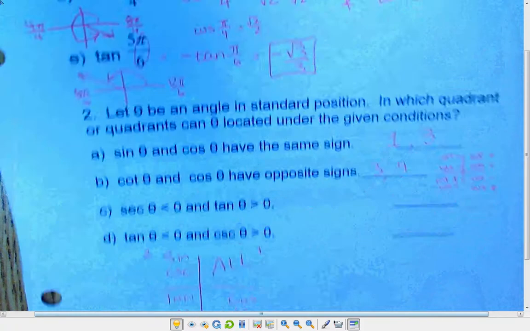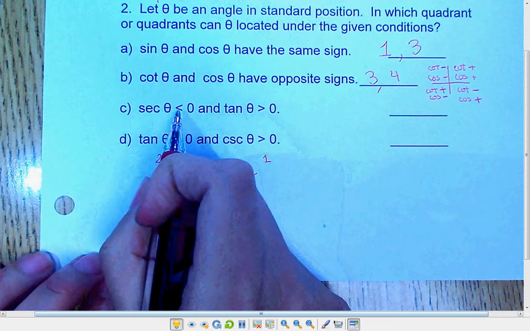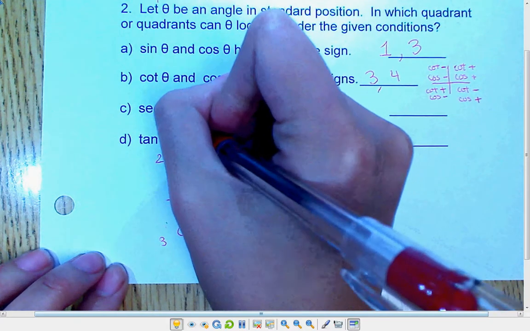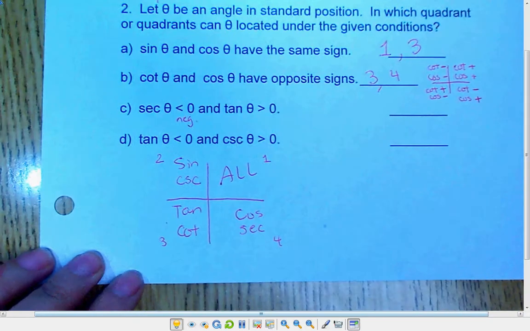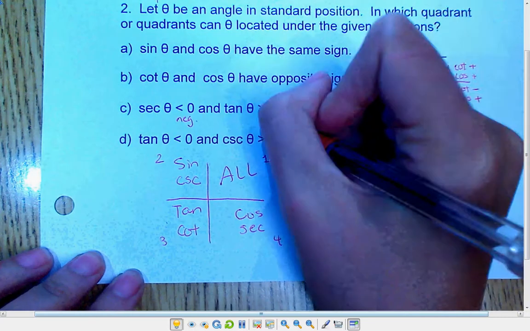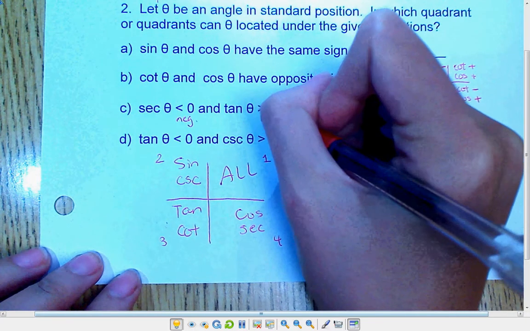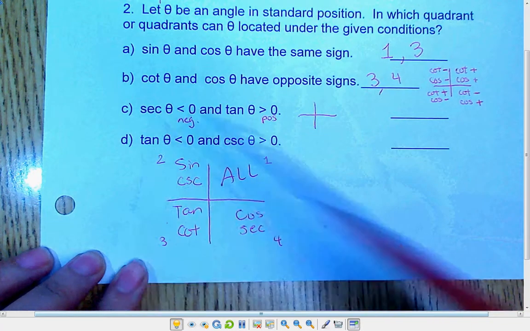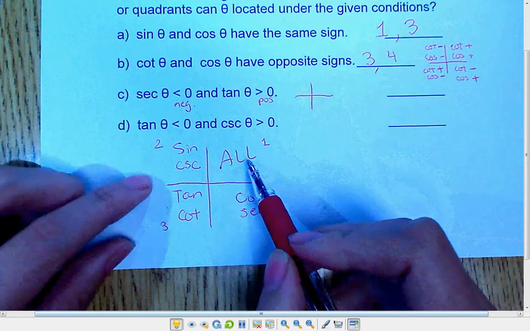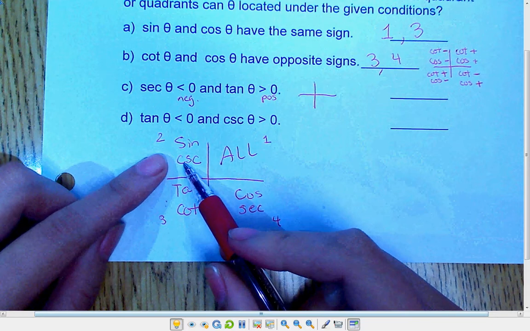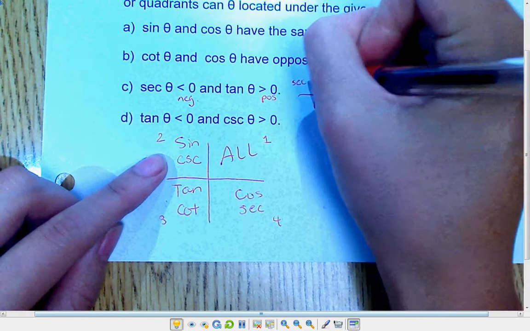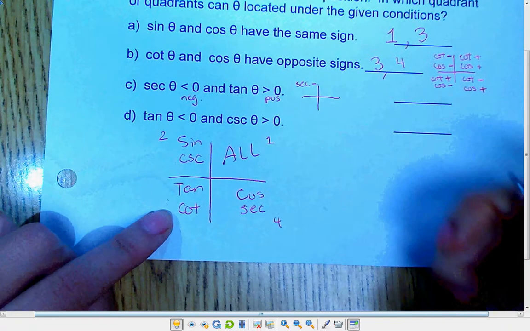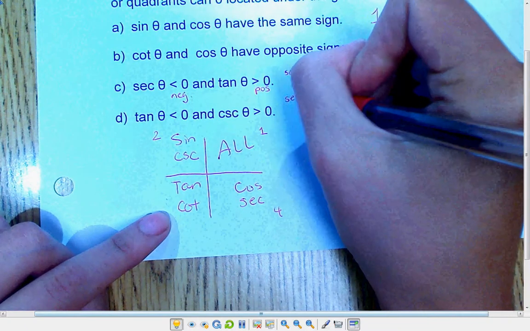Okay, for C, we're looking for when secant is less than 0, so that means secant is negative, and tangent is greater than 0, which means it's positive. So secant is negative in the second quadrant, and also the third quadrant.